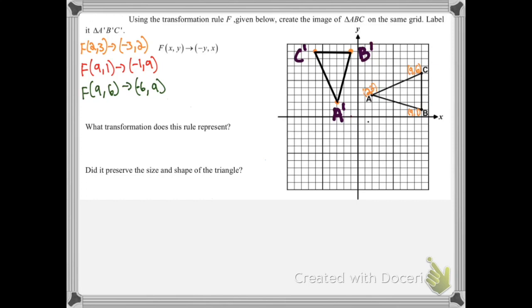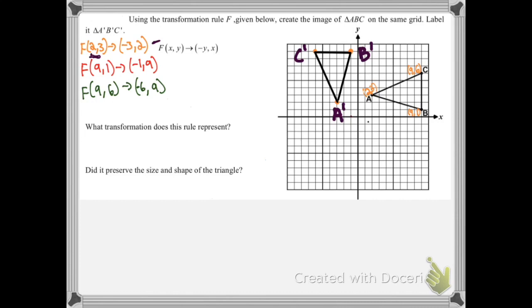Draw attention to the first point that we had here. Notice that I had said that the original point was 3 comma 3, but there's a small typo there. It should be 2 comma 3, making the image negative 3 comma 2.